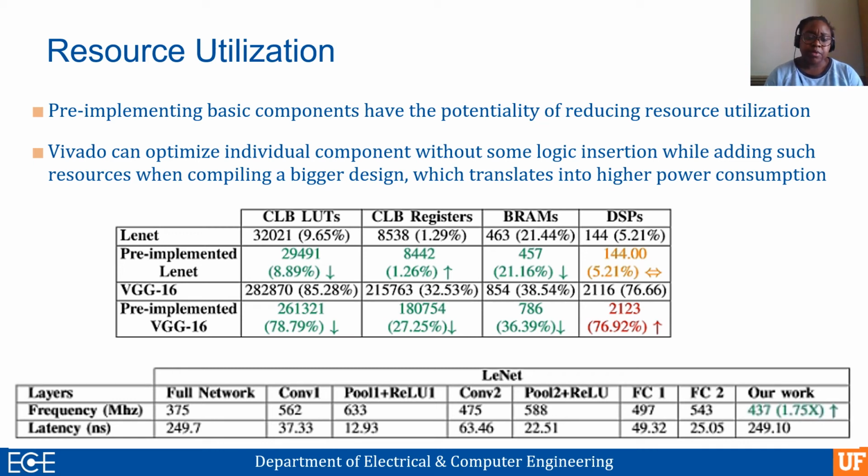The second table presents the performance of each layer of the LeNet network and the overall frequency achieved by the pre-implemented design. As you can see, implementing each layer component individually achieves a high frequency. So the goal of the pre-implemented flow is to preserve this performance as much as possible when we're stitching the design back together.